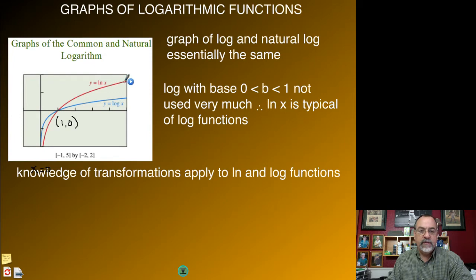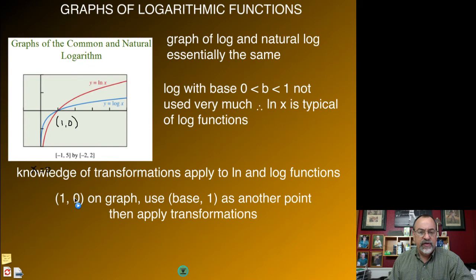If you're going to shift it up or down, there's going to be a value added on the outside of this natural log x. A negative sign in front is going to reflect it over the x-axis. A number in front is going to stretch it even further vertically, and a negative x is going to reflect it over the y-axis. So all those transformations that we've been working with over the last couple of years are going to apply.